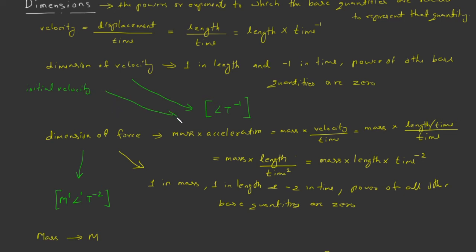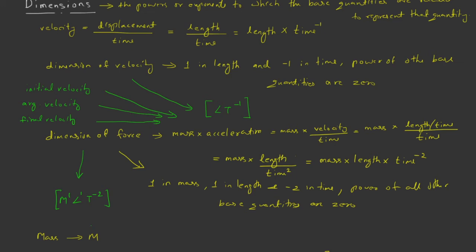It will also be L T raised to minus 1. The dimension of average velocity is also L T raised to minus 1. Dimension of final velocity is also L T raised to minus 1. Dimension of change in velocity is also L T raised to minus 1. So what you can see here is that it is the quality of the type of quantity that enters.